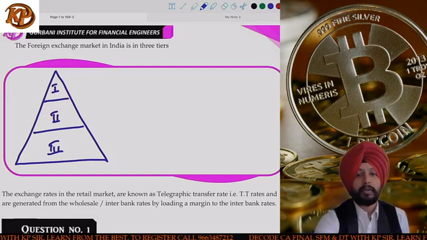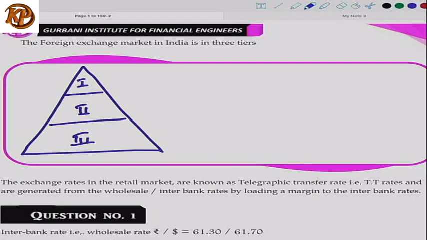Tier 1 is transactions between RBI and authorized dealers.